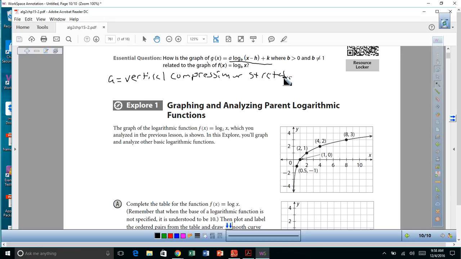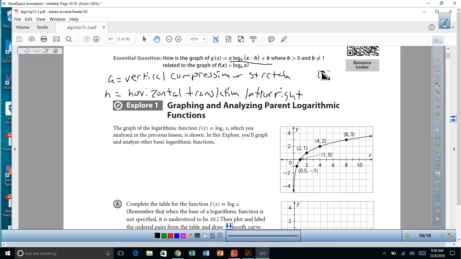It can also reflect over the x-axis. h is a horizontal translation, left or right.